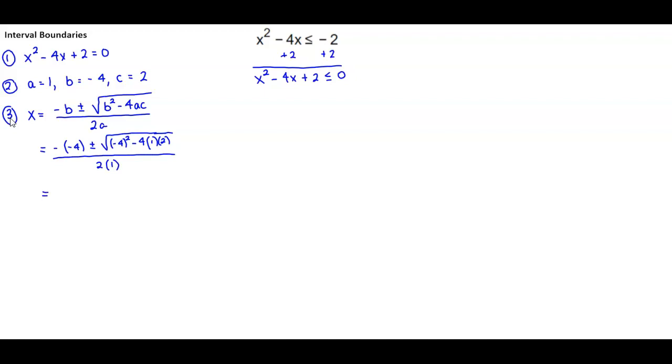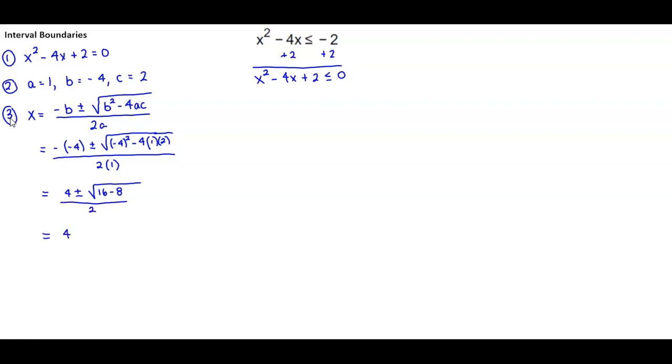So we end up with a negative times a negative, which is 4, plus or minus the square root of -4 squared is 16, minus 4 times 1 times 2, which is 8. So that's minus 8, all over 2 times 1.